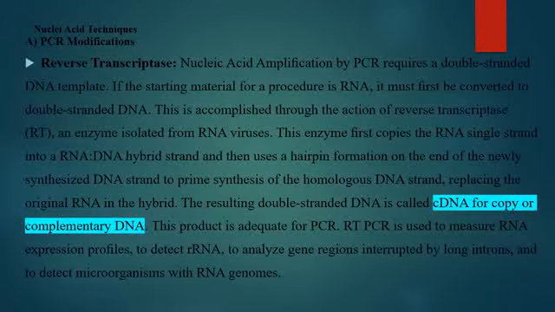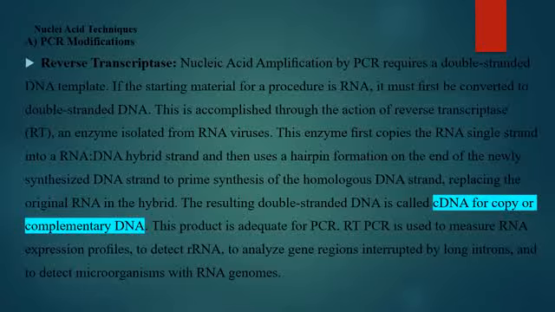And this is accomplished through the action of the reverse transcriptase, an enzyme isolated from RNA viruses. So RNA viruses have the reverse transcriptase, which moves RNA to DNA. You know, the transcription process, or the transcriptase, that's DNA to RNA, but the reverse transcriptase, that's RNA to DNA. This enzyme first copies the RNA single strand into an RNA-DNA hybrid. So a double strand is an RNA-DNA hybrid strand.